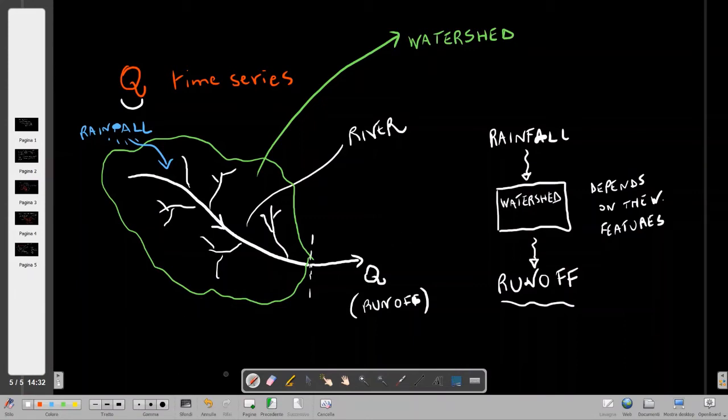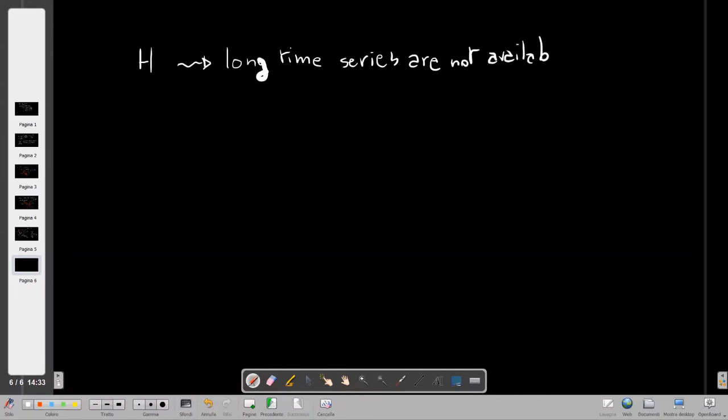Another problem is related to the wave height. When we talk about wave height, long time series are not available. So we have another kind of problem.